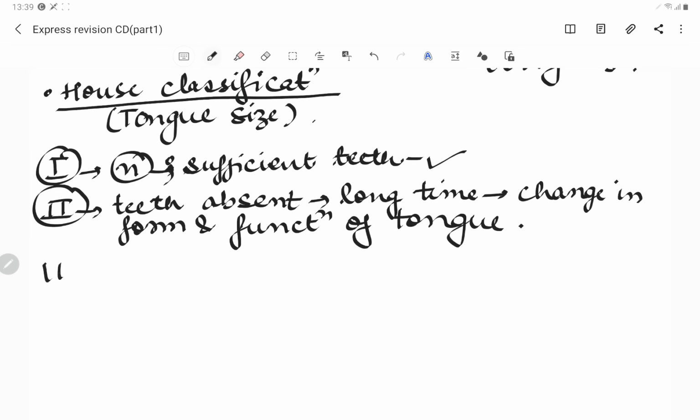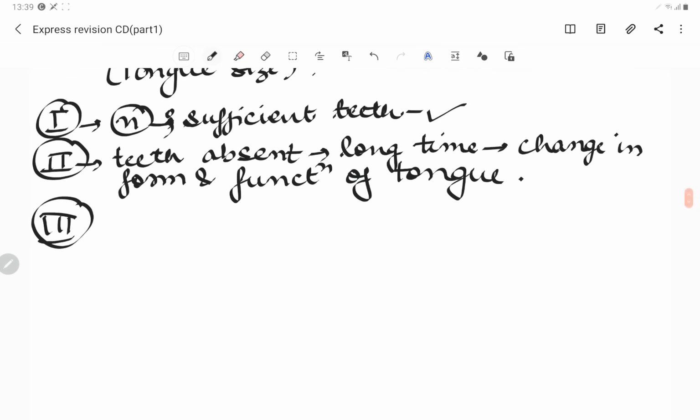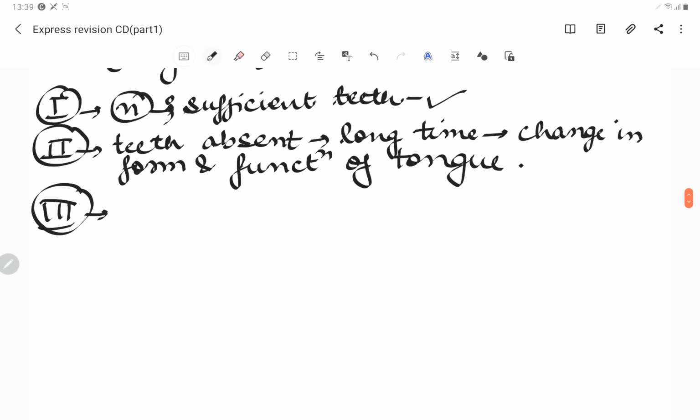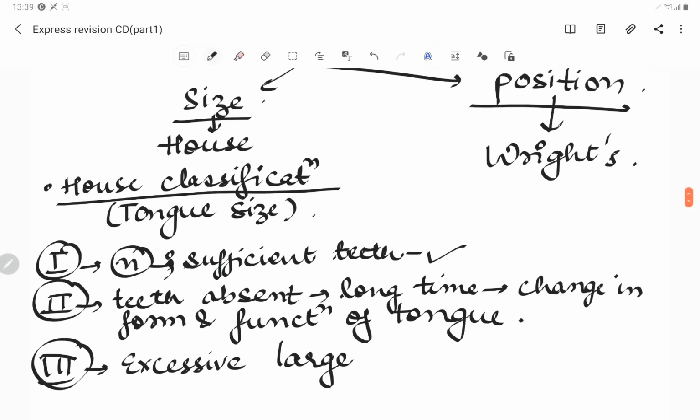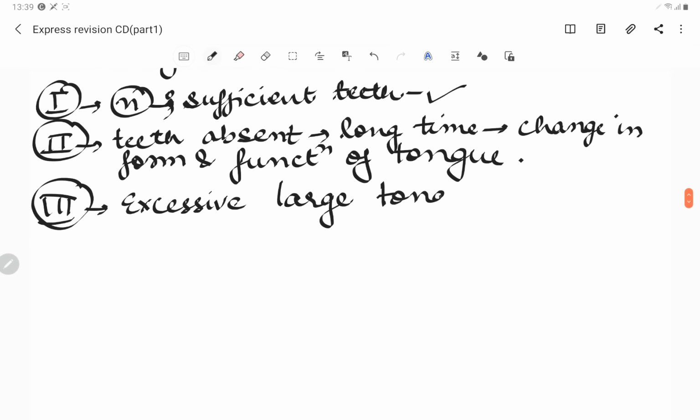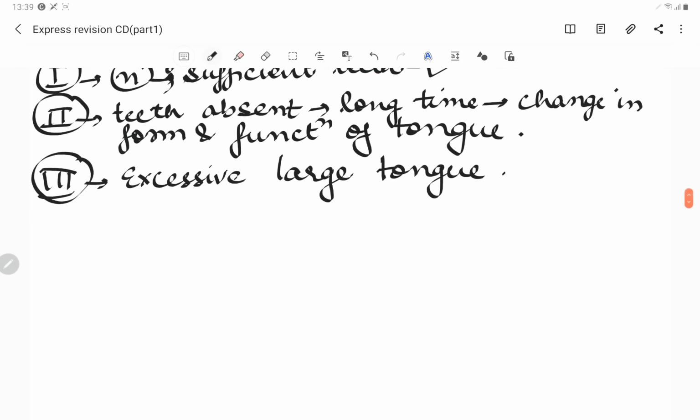Now, class 3 is when there is actually an excessively large tongue. What happens when there is a large tongue? This large tongue will cause poor denture stability. It will not let the denture sit.